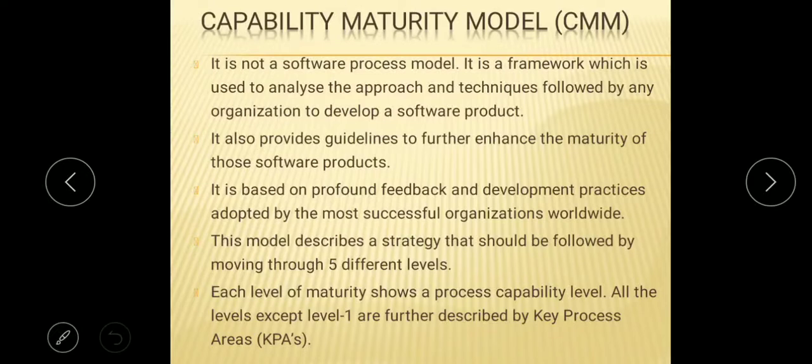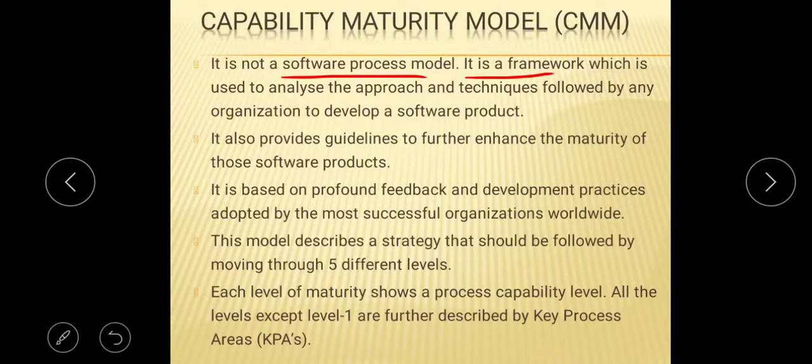The CMM is not a software process model or SDLC model. It is a framework which is used to analyze the approach and techniques followed by any organization to develop a software product. So keep this in mind that this is not a software process model, it is a framework.